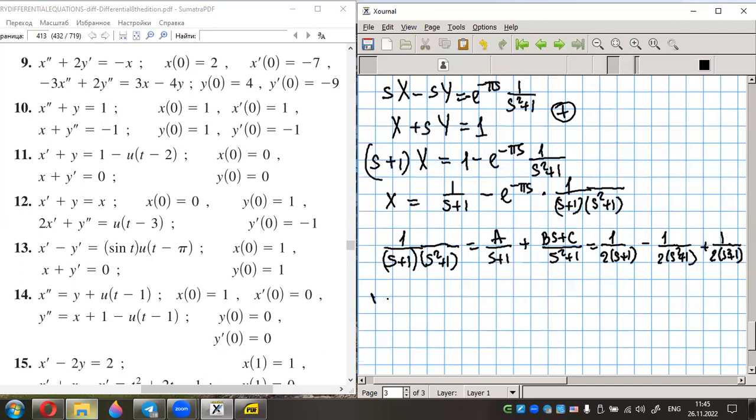So little x equals the inverse Laplace of 1 over s plus 1 minus e to the minus pi s times [1 over 2(s plus 1) minus s over 2(s squared plus 1) plus 1 over 2(s squared plus 1)].